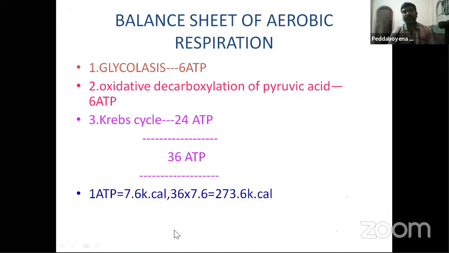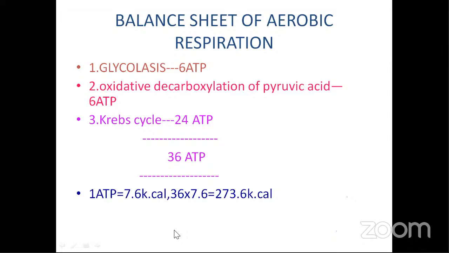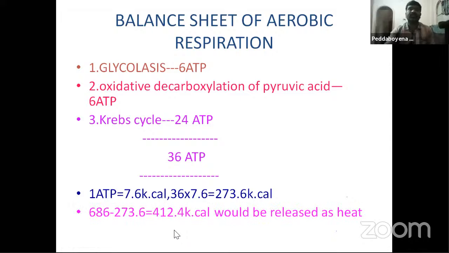Already we know that one ATP is equal to 7.6 kilocalories of energy, so we calculate 36 into 7.6, which is equal to 273.6.